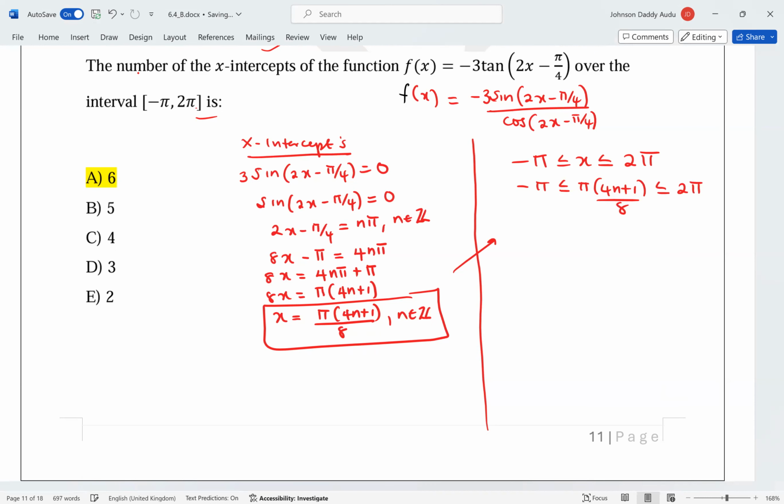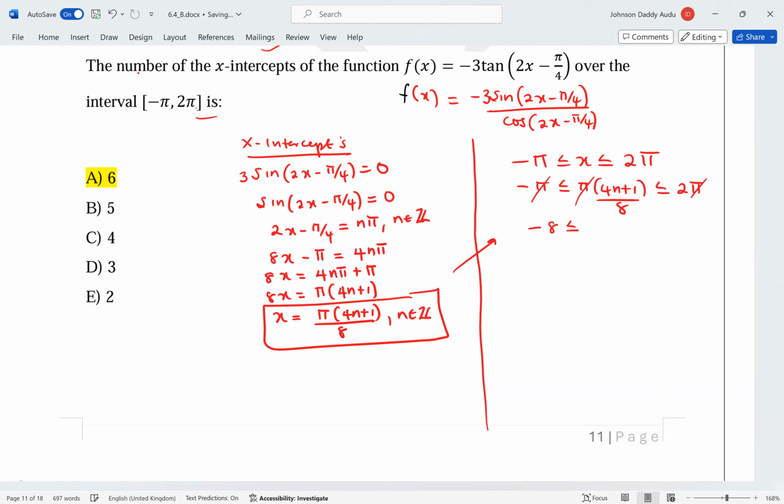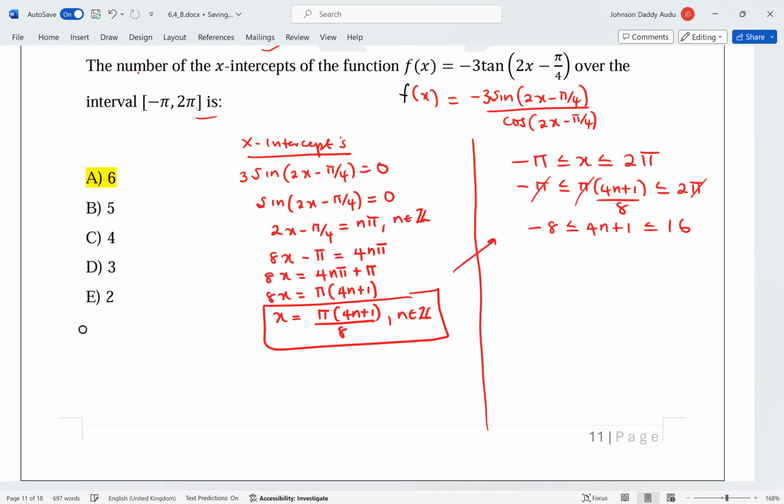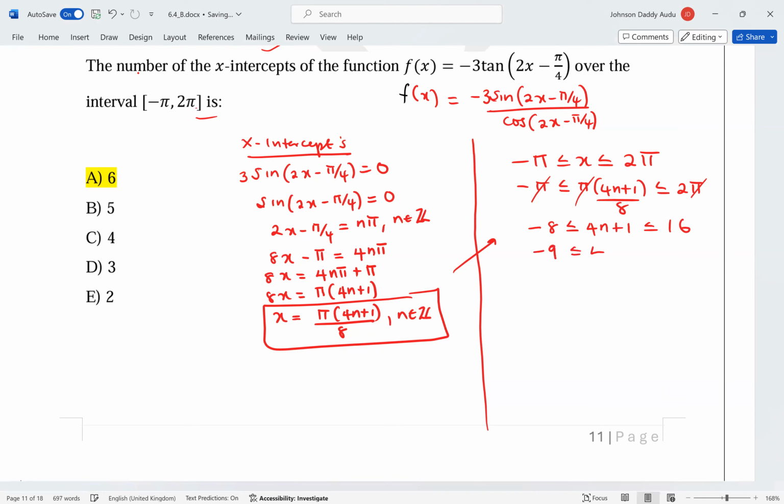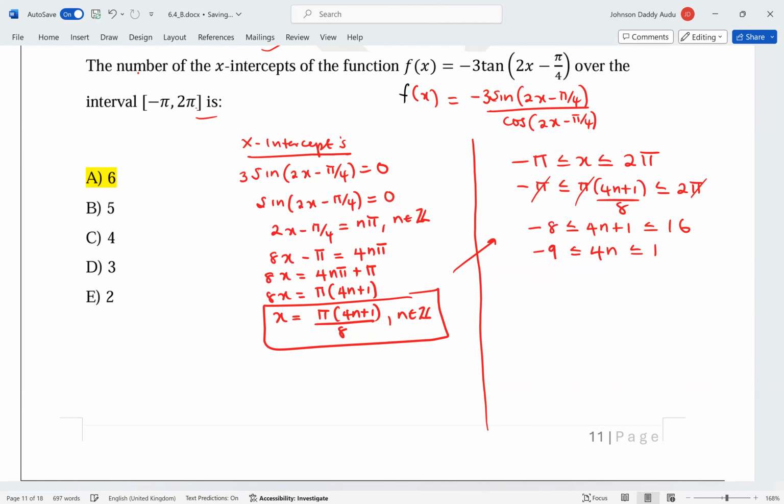We can divide both sides by pi, so pi cancels, then multiply both sides by 8. You have minus 8 is less than or equal to 4n plus 1, and this will be 16. You have a three-sided inequality, so you have to multiply each side by 8. So this will become minus 9 is less than 4n is less than 15.